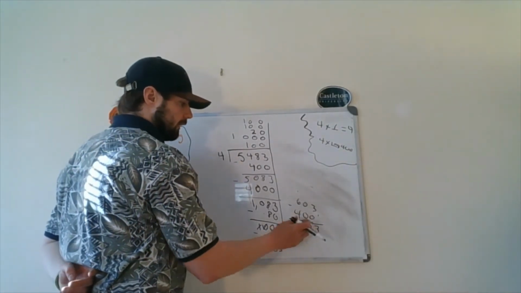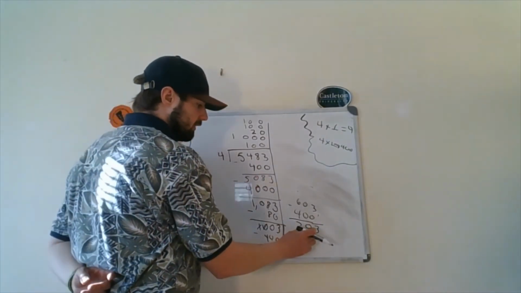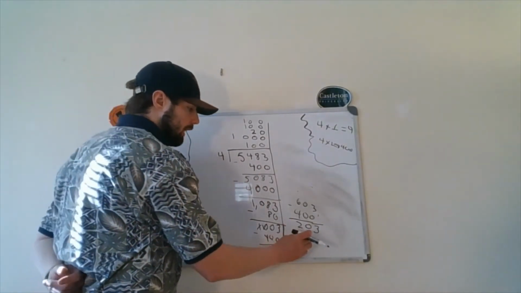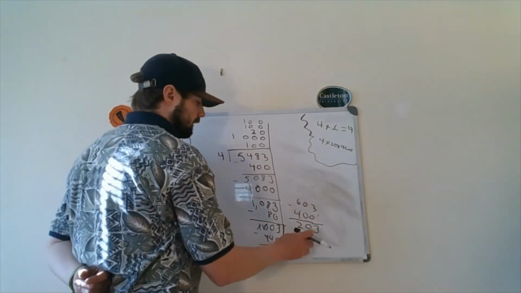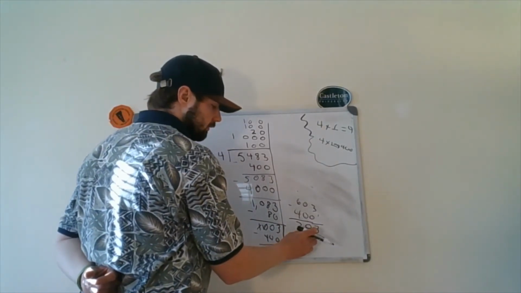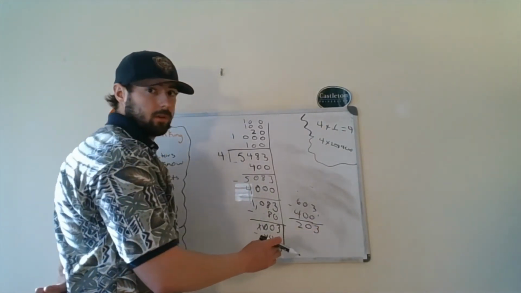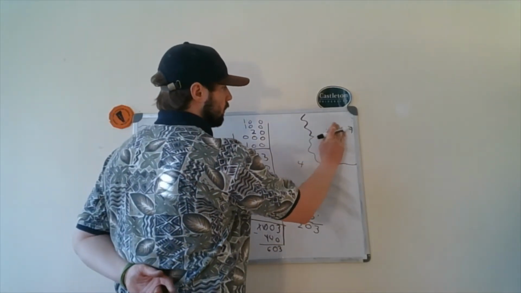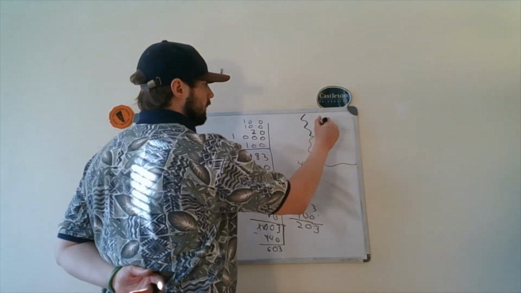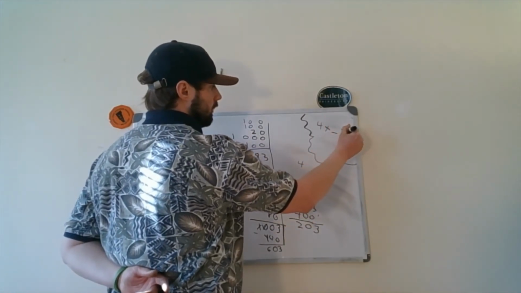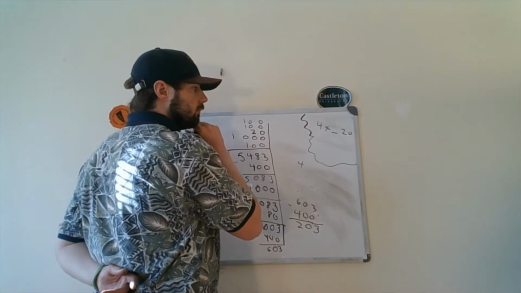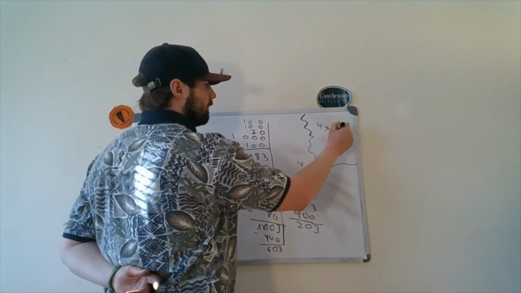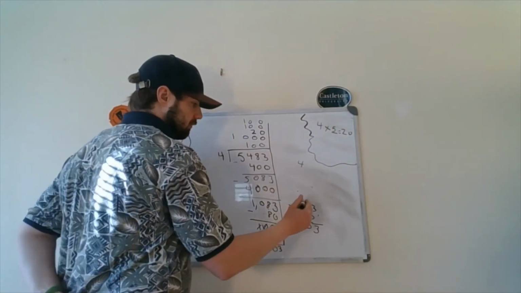But looking at 20, can 4 go into 20? This is obviously 200, but I know if 4 can go into 20, how many times can 4 go into 20, guys? 4 times what number is going to give me 20? 5. 4 times 5 is going to give me 20.